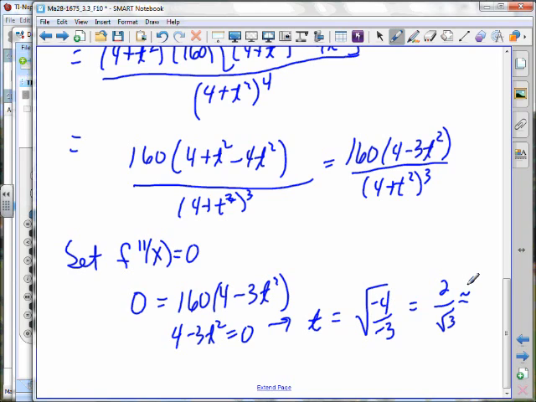Okay? You'd probably take care of an approximation. And I've got approximately 1.15 hours after the student starts working, you're going to get the greatest rate. Now, are they going to be assembling the most at that time? Well, if they're working the fastest, now the greatest rate means that the rate at which they get it done is increasing over time.